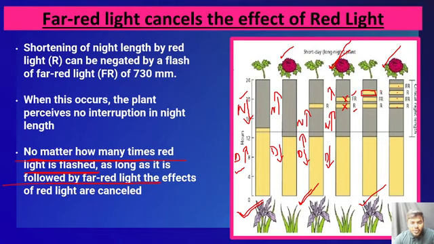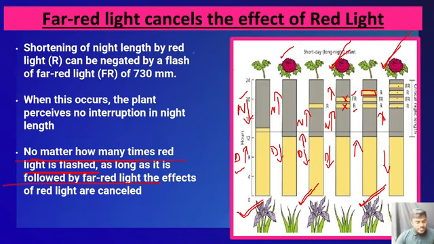Once the red light is more, obviously which length increases? Day length increases. Then the long day plant will flower. Once again this red light I have treated with far red light. Whenever there is far red light, it cancels the effect of red light. Then it decreases the day length and increases the night length. Then there is development of the short day plant.